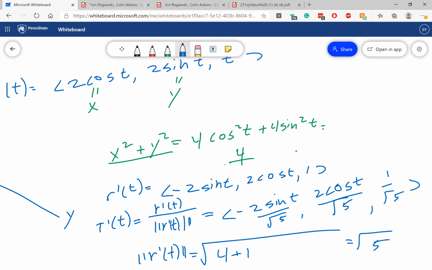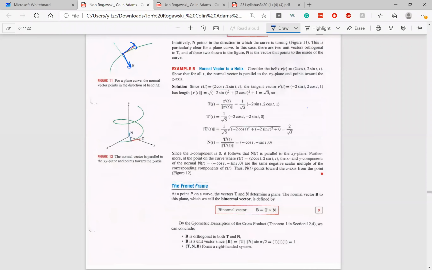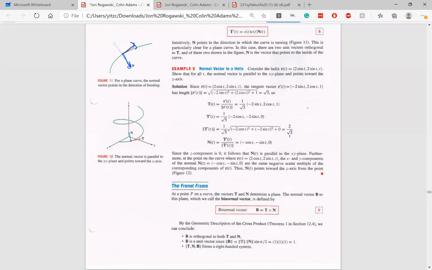So let me see. So far, yeah, okay, square root of 5. So yeah, perfect. Okay, and now they just want us to find the magnitude of the derivative, and that's going to be 2 over the square root of 5. Very similar steps, okay?